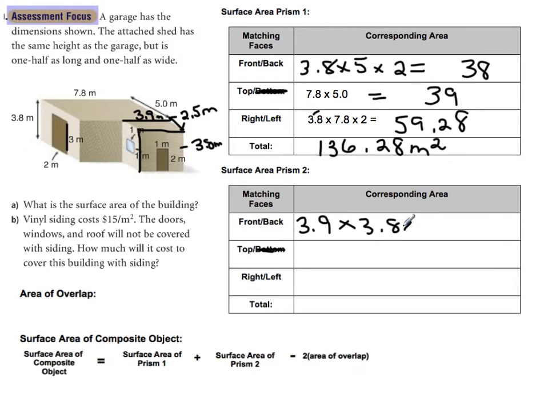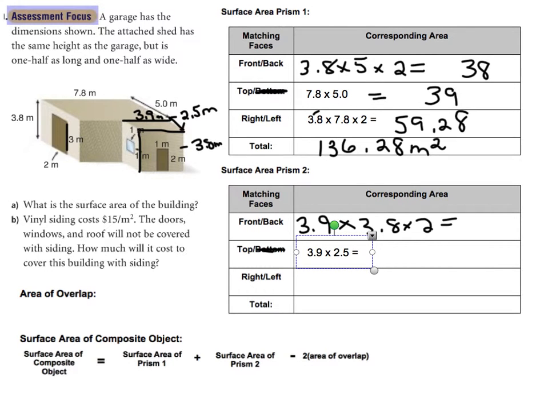We have a front and a back, so I'm going to times it by 2. Okay, and I don't like the clicking, so I'm going to do the top, which is 3.9 by 2.5. So I'm going to type that in because it didn't seem so irritating. 3.9 by 2.5 were the dimensions.